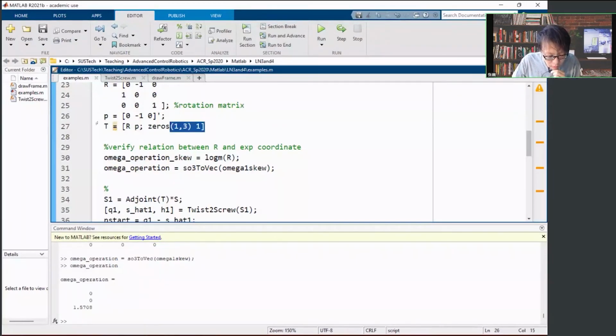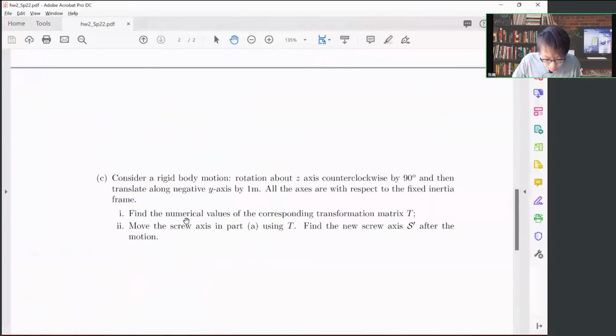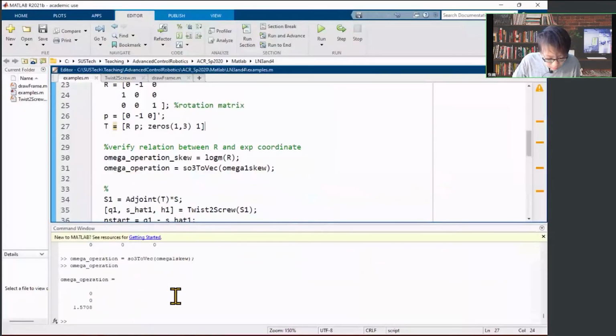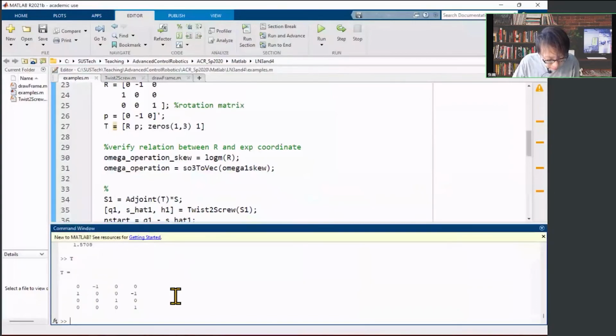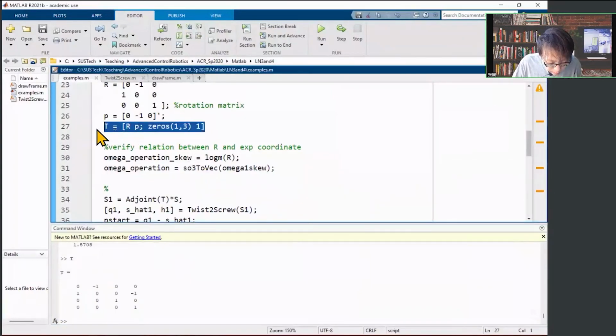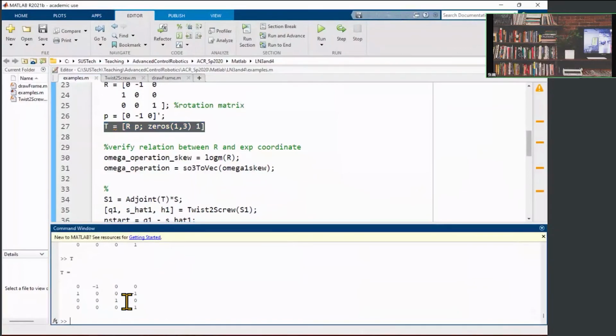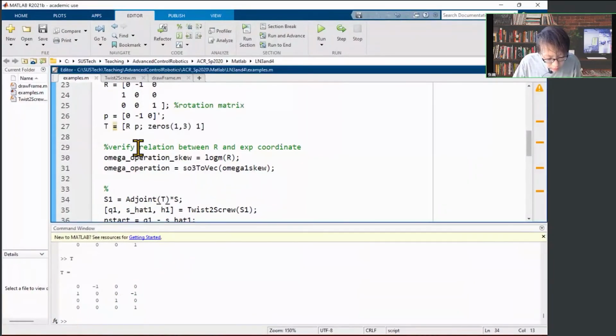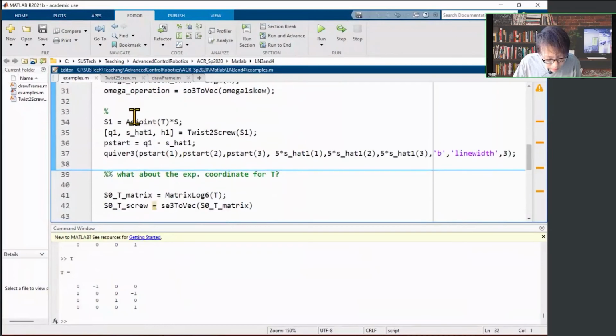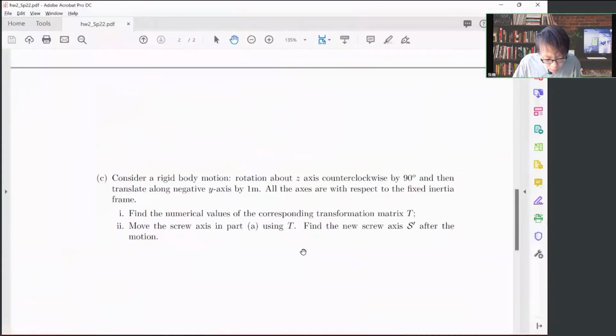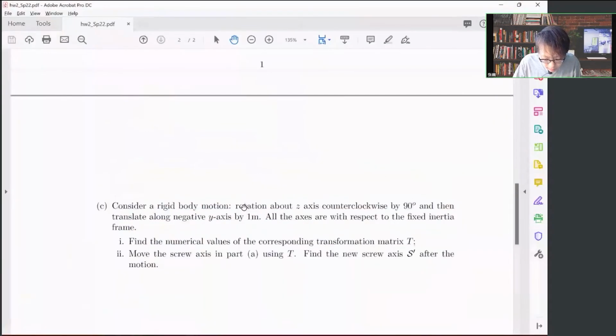So the overall homogeneous transformation is T. What we are trying to do is find the numerical values of this matrix T. Then I want to transform this S to make it S prime.